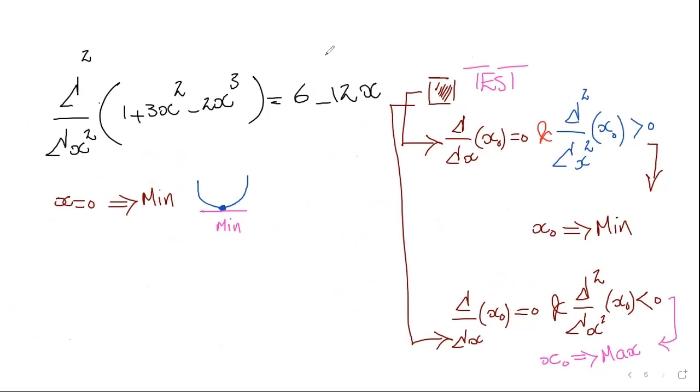Now look at this. The second derivative at x0 is 6 minus 12x evaluated at x equal to 0. Oh, no, sorry, I had to.